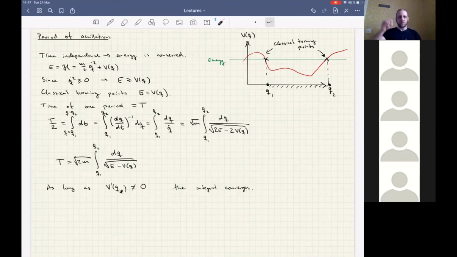Okay, so the top position is going to be an unstable equilibrium. If you start at the unstable equilibrium and you disturb it a small amount, it's going to very slowly in the beginning start diverging from that equilibrium.